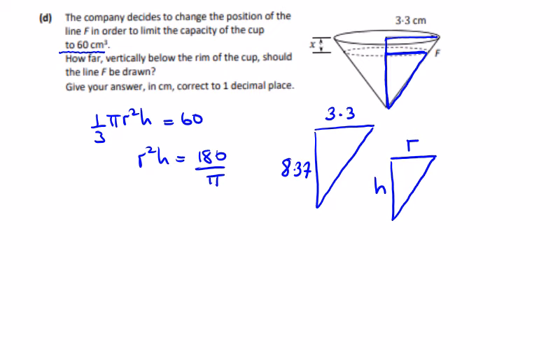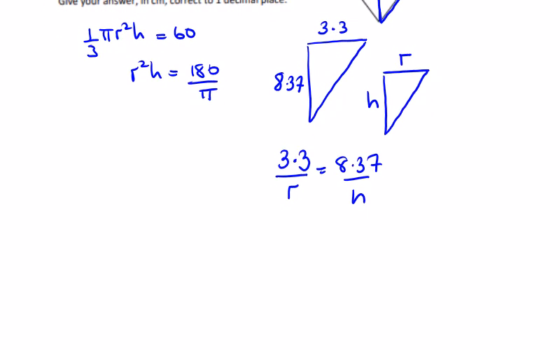But what I can do with similar triangles, I can get the radius in terms of the height, or the height in terms of the radius, which will enable me to simplify this equation. So if we do 3.3 over r is equal to 8.37 over h, we'll get r in terms of h. So we get 3.3h is equal to 8.37 r. So 3.3h over 8.37 is equal to r.